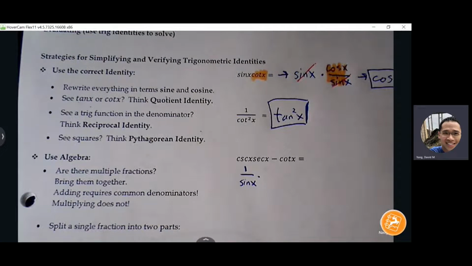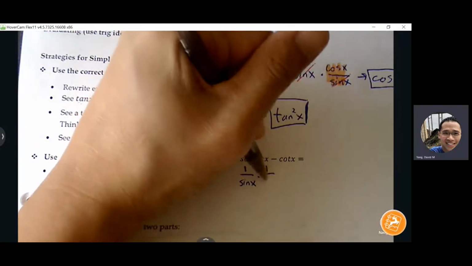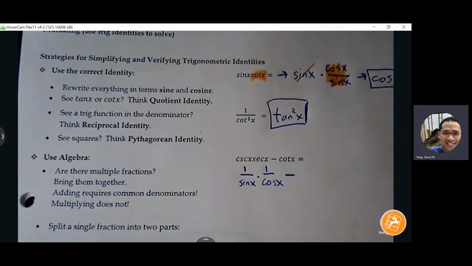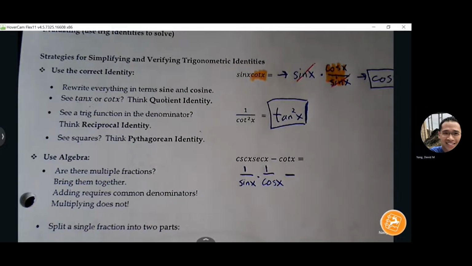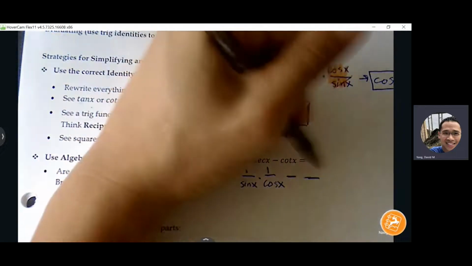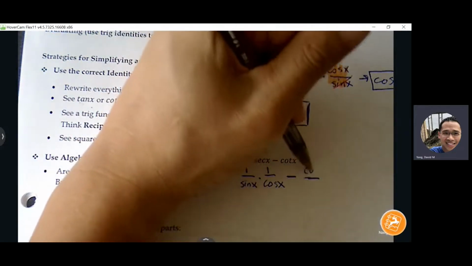All right, secant is the same thing as 1 over cosine, minus cotangent is the same thing as cosine over sine, right? So I mean, we could say 1 over tangent, but we'll have an easier time seeing the relationship if we can get everything in terms of sine and cosine.